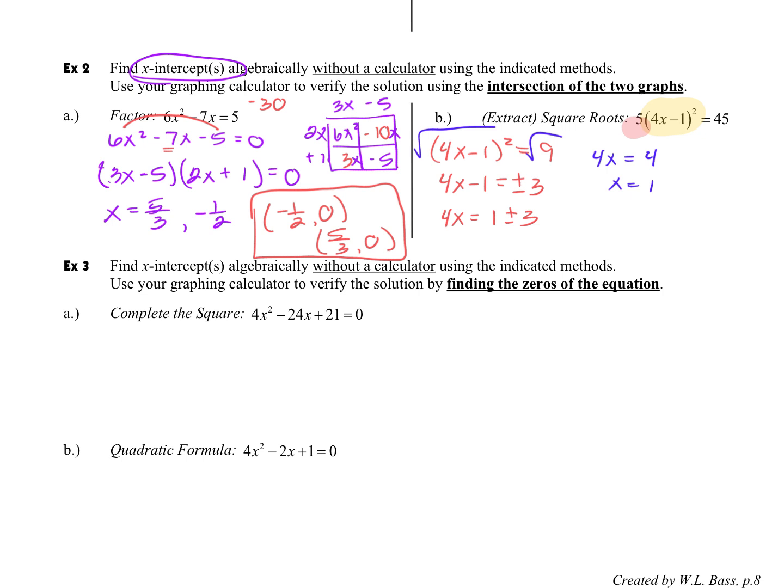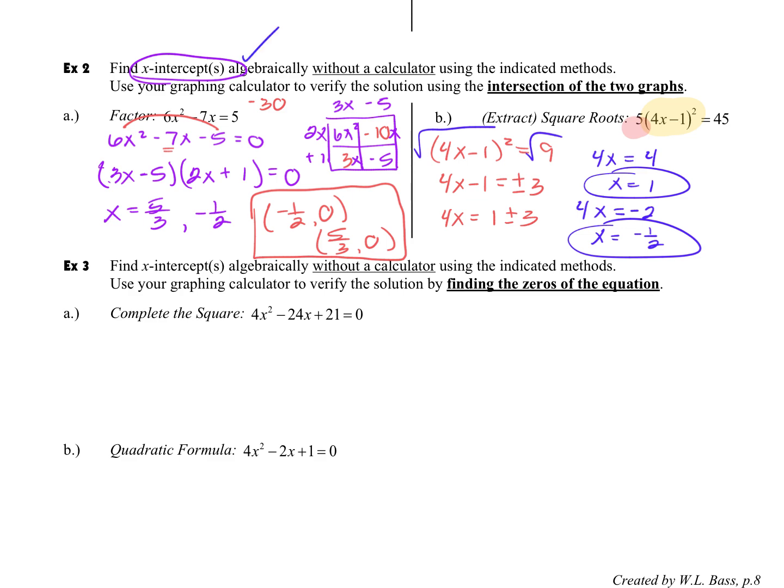Or the other route, I should say, is 4x equals 1 - 3, so 4x equals -2, so x equals -1/2. These would be our two x values, and again, we could write those as ordered pairs if we wanted to do that as an x-intercept.